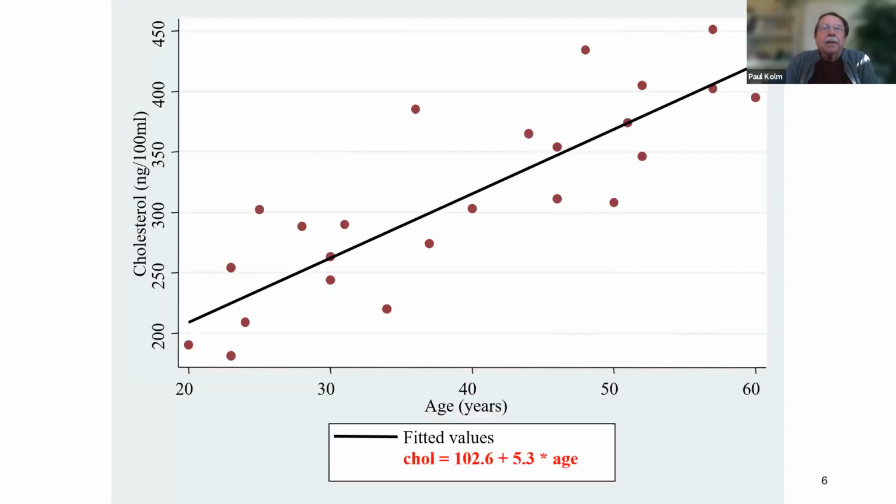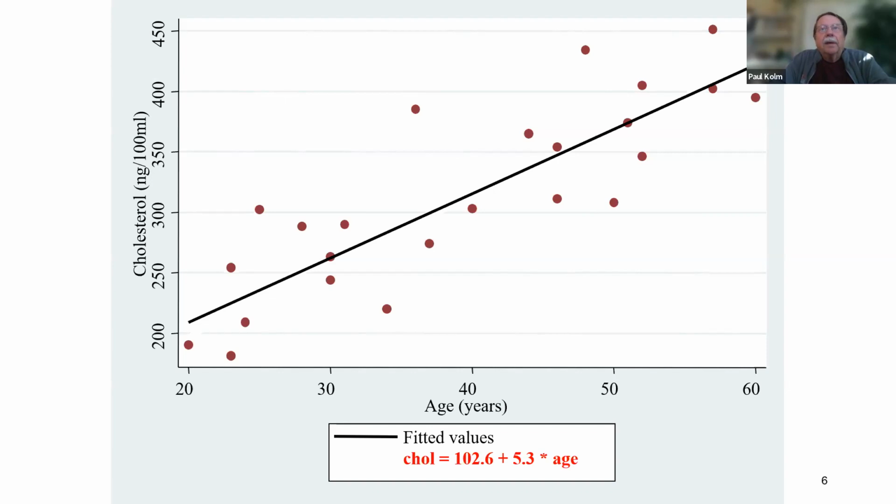And so if we plot our data and put in our regression line, it would look like this, where the dots are the observed points for each patient of age with their cholesterol level. And then, of course, the straight line is our fitted values from our regression equation.